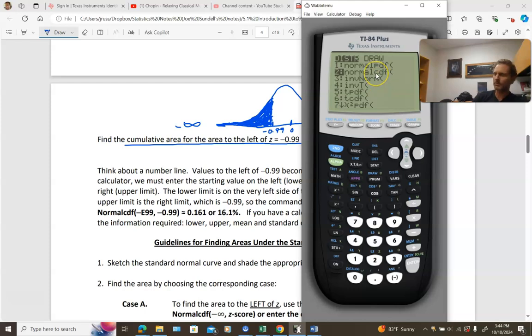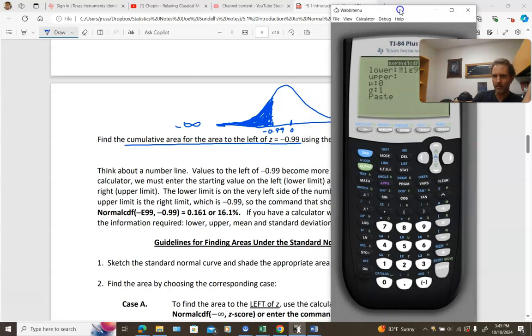I said continuous, I'm sorry, cumulative. Not sure what I was thinking there. So you hit enter, and if you've got one of the newer calculators, it'll look like this. If you've got one of the older calculators, you have to type these in parentheses. So you have to tell the calculator a lower bound, an upper bound, and what the mean and the standard deviation are, and then you just paste it into your calculator.